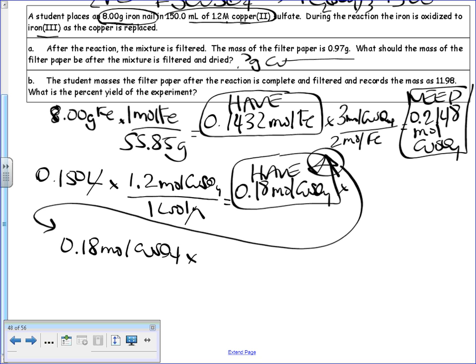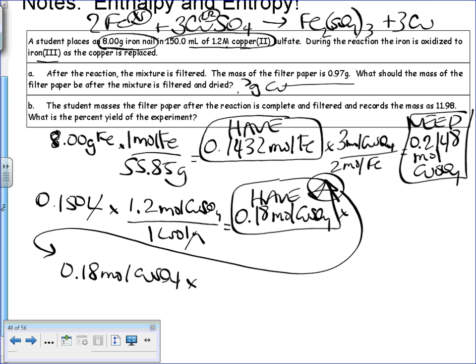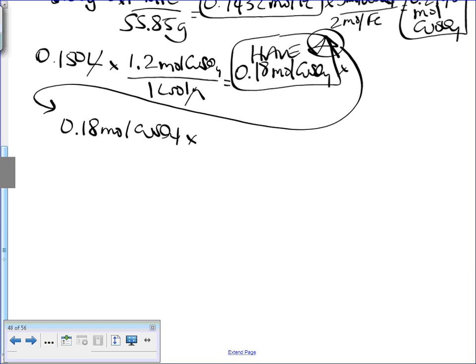Okay, what's my next step? I'm in one thing, I need to get to another thing. Mole ratio. So the copper(II) sulfate to copper ratio is 3 to 3, right? So 3 moles of copper for every 3 moles of copper(II) sulfate.